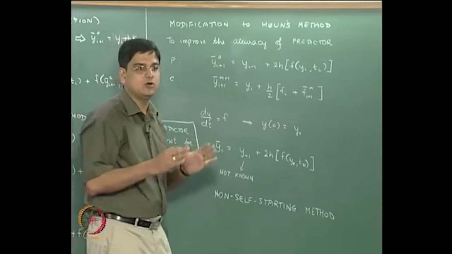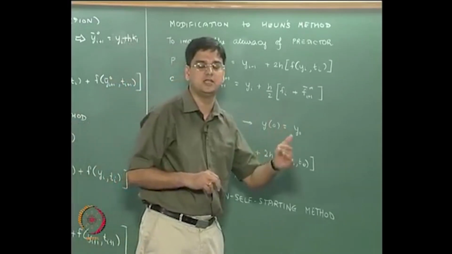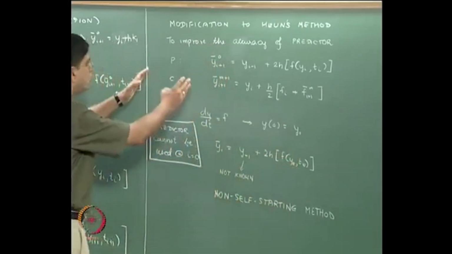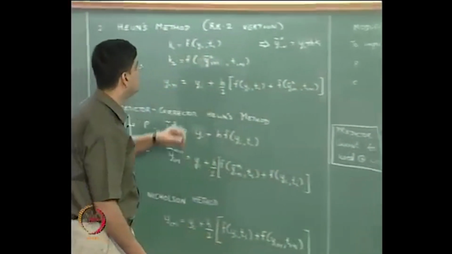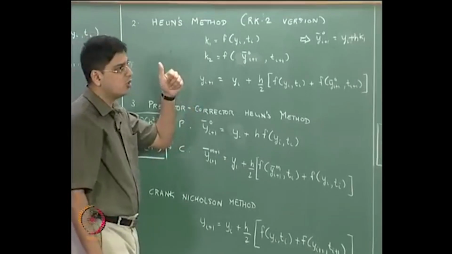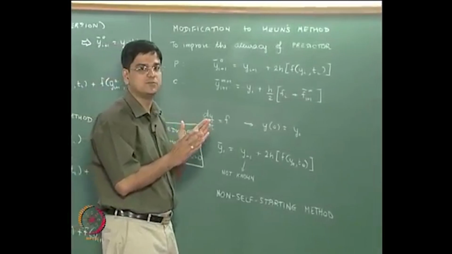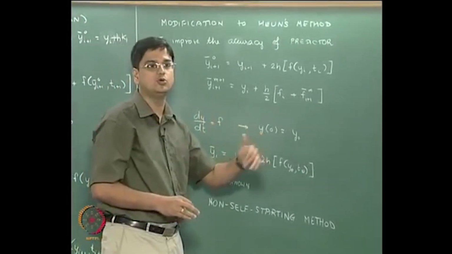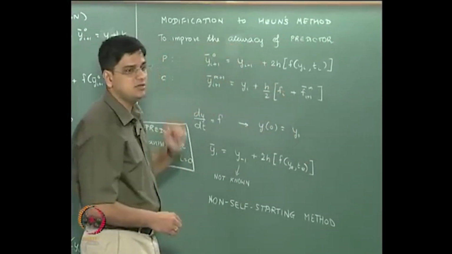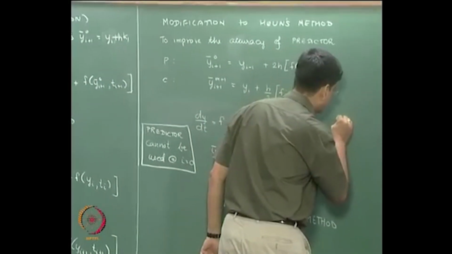At i equal to 0, that means the first time that you take the first step in this integration problem, we do not implement the modified Yuen's method, but instead we implement the original Yuen's method. Okay. So at i equal to 0, the idea is implement the original Yuen's method, and at i equal to 1, 2, 3 and so on, implement the modified Yuen's method. Okay. So that is the ad hoc solution.